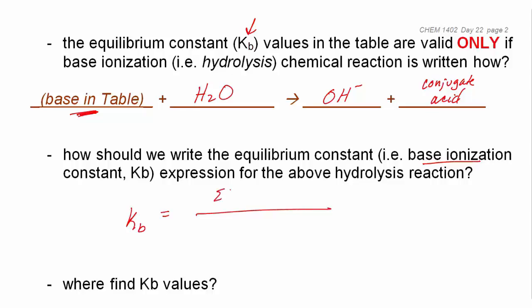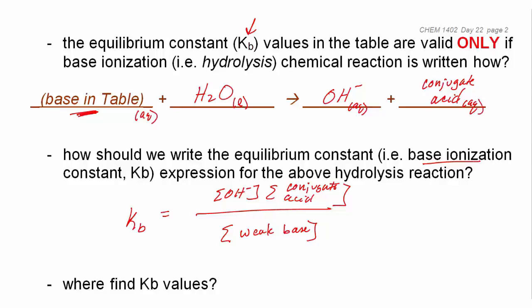So it would be the concentration of hydroxide times the concentration of the conjugate acid of that weak base, divided by the concentration of the weak base. Since water is a liquid, it doesn't show up. We should have had a little L on here, and AQs everywhere else, because everything is solvated in water.